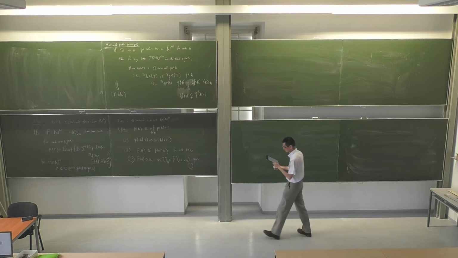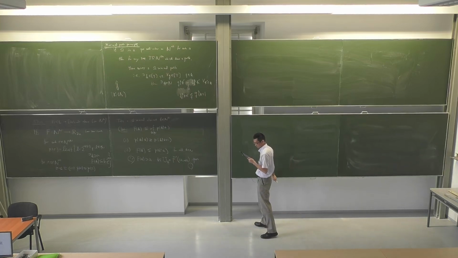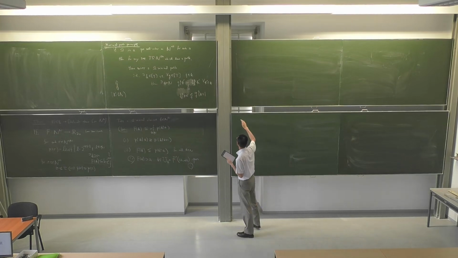So with this reason, F of h is always more than inf of these. But then we can easily check that h is a critical point.